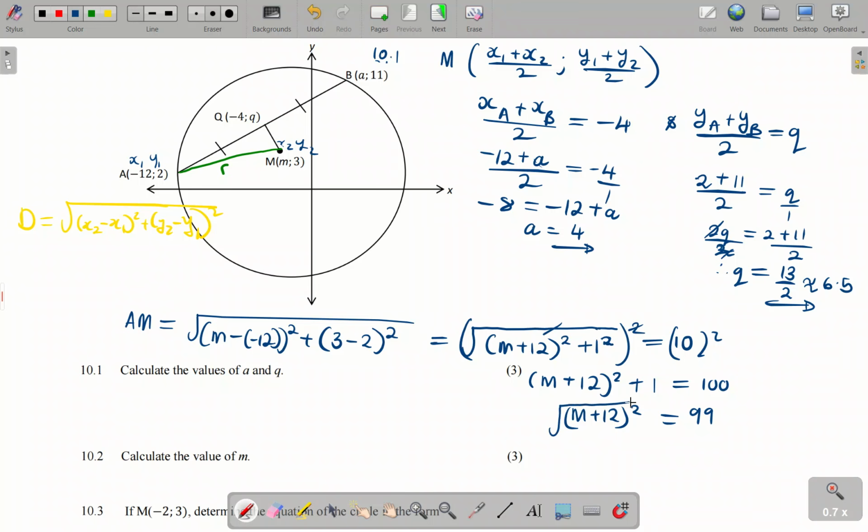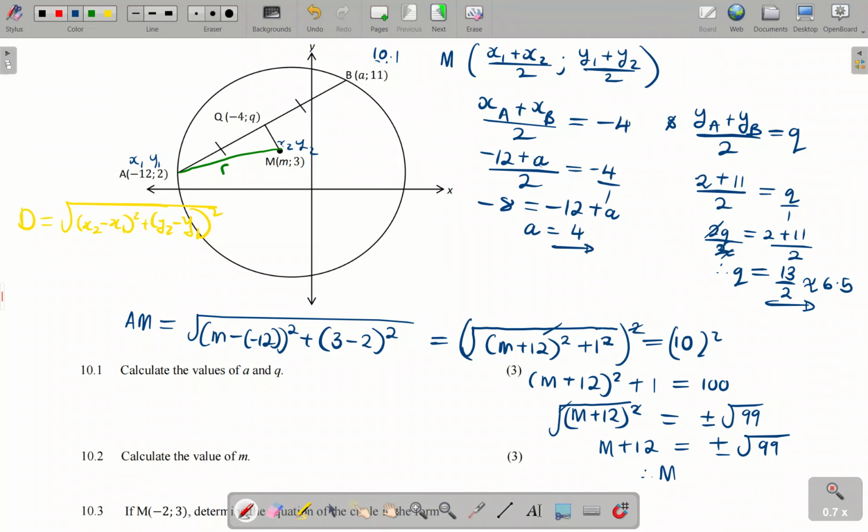So take the square root, take the square root. But remember, when you take the square root, you have plus and minus. So you'll have plus minus the square root of what? Of 99. So the 2 and the square root rationalize. You have M plus 12, which is equal to plus minus the square root of 99. So therefore, the M has to be what?